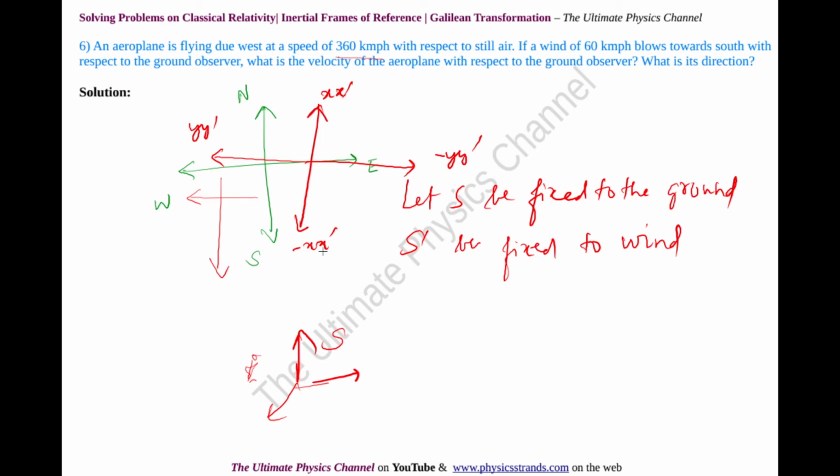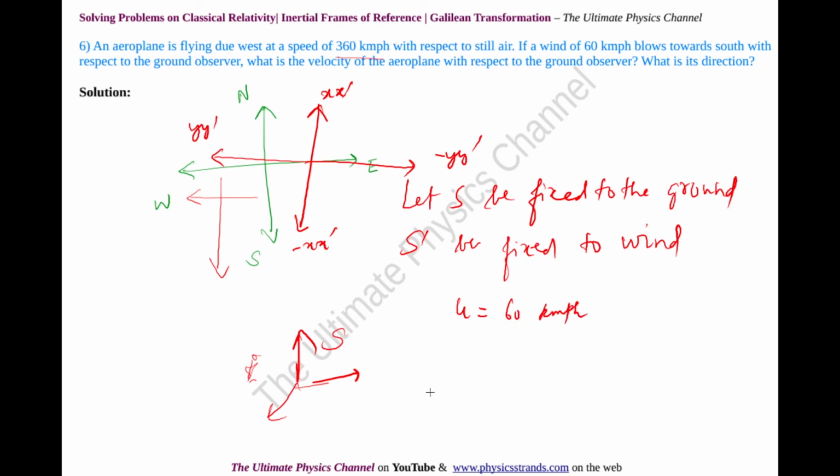If we take like this, then the velocity of the airplane with respect to wind, the relative velocity, is such that the velocity of wind is 60 kilometers per hour. So in our Galilean transformation expressions, u is equal to 60 kilometers per hour.